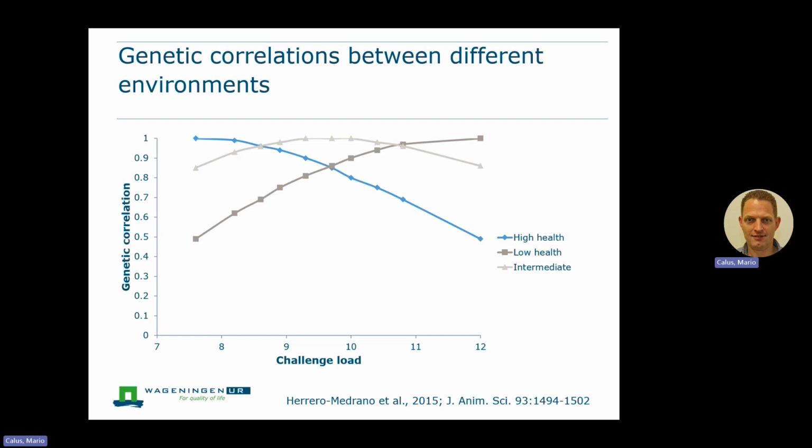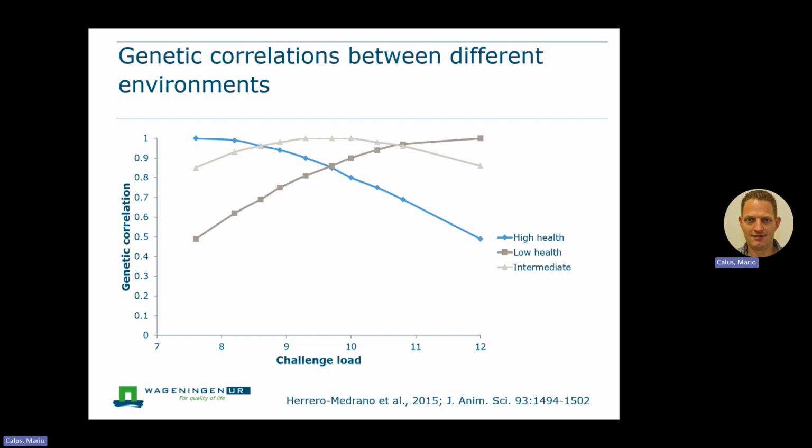We see a blue curve here that indicates high health. The correlation on the y-axis for this curve starts at 1. This means that the high health environment was defined to have a challenge load of about 7.5. So that environment with itself has a correlation of 1.